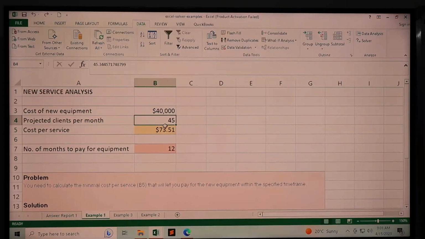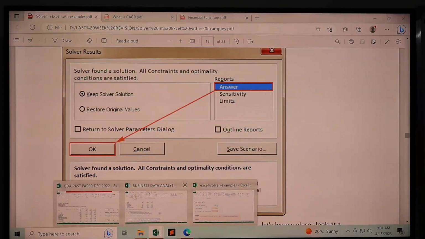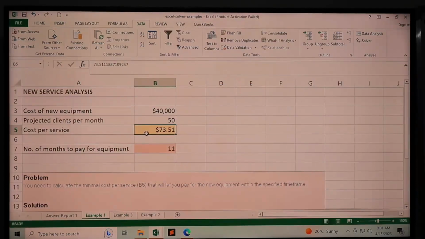Here, the original amount was 550. And here, sorry, the amount was, just a minute.